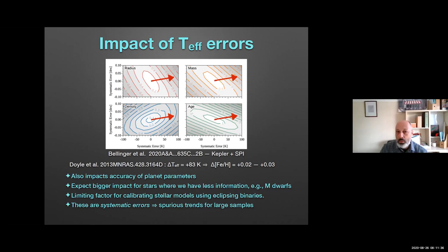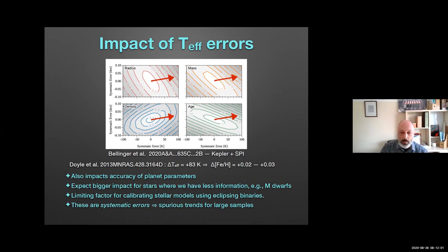The problem comes if you're dealing with large samples, which is increasingly the way we're going, right? The way that exoplanet science is going is to generate large samples of planet hosting stars and to look for trends. So we're interested in questions like how do planet properties vary as a function of the stellar metallicity?